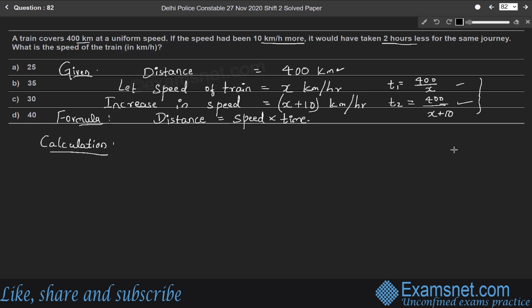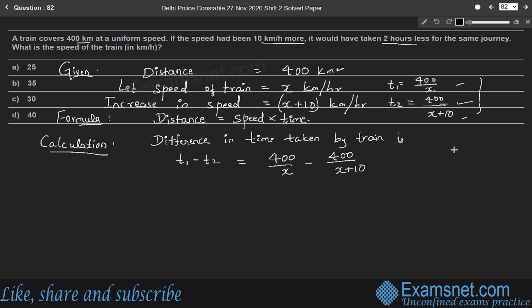Right. So there will be a difference in the time of the train. So what is the difference here? Since the denominator of T2 is more, the whole value of T1 is more than T2. Therefore, T1 minus T2 is equal to 400 by x minus 400 by x plus 10.